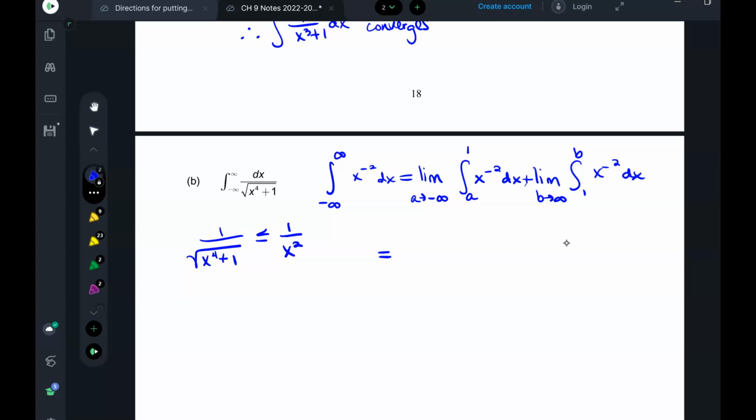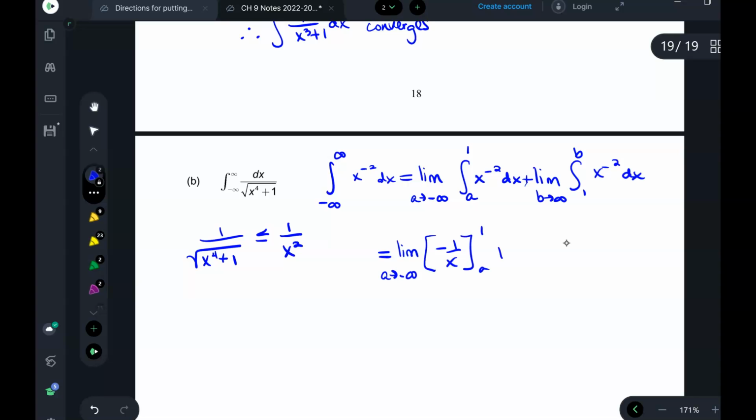Okay, so we have the limit as a approaches negative infinity, and that'll be x to the negative 1 over negative 1, or negative 1 over x, evaluated from a to 1, plus the limit as b approaches infinity of the same thing, negative 1 over x, from 1 to b.